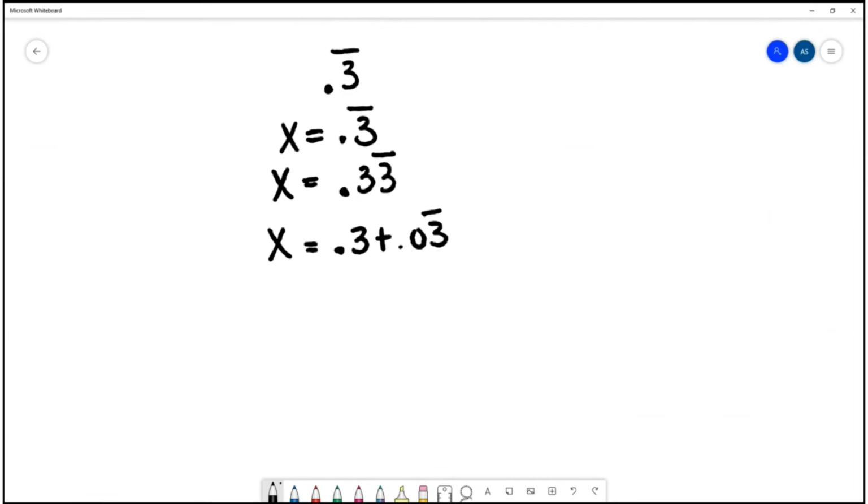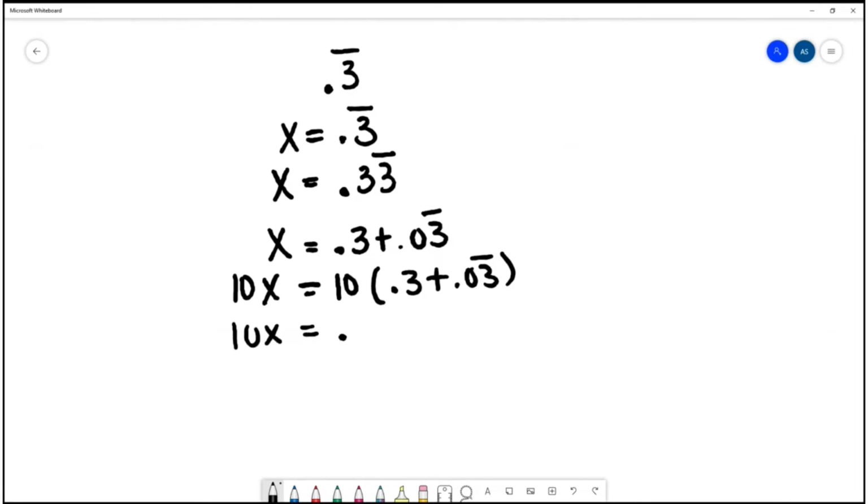I'm going to multiply by 10 on both sides, and this moves the decimal point one place to the right. I'm going to multiply the left-hand side of the equation by 10, and multiply the right-hand side by 10. On the right-hand side, I'll use the distributive property. This gives 10 times 0.3, that's 3. 10 times 0.03 repeating would be 0.3 repeating.